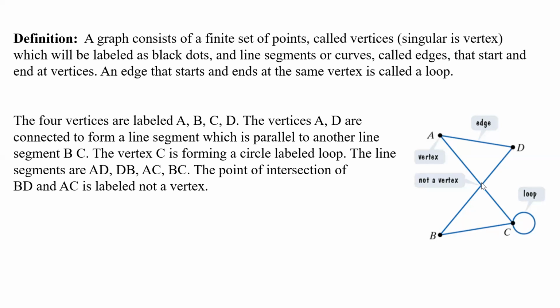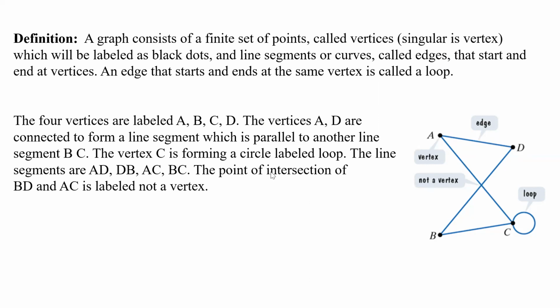Okay. Now, just because these cross here, that doesn't mean that's a vertex. The vertex only has a black dot. So this one just means this one's passing maybe over the top, and this one is passing underneath. They're not actually touching, they're kind of going around each other. All right, so like it says here, the four vertices are labeled A, B, C, D. The vertices A and D are connected to form a line segment which is parallel to another line segment BC.